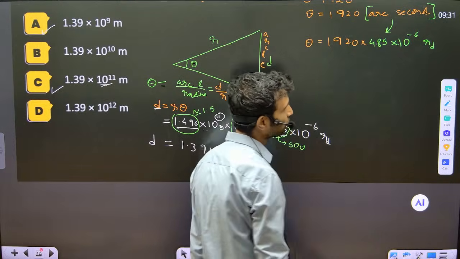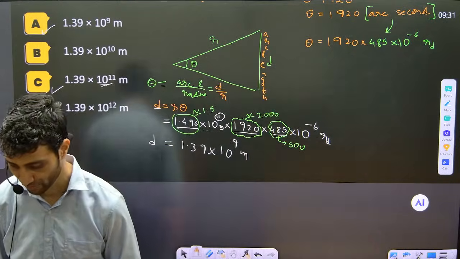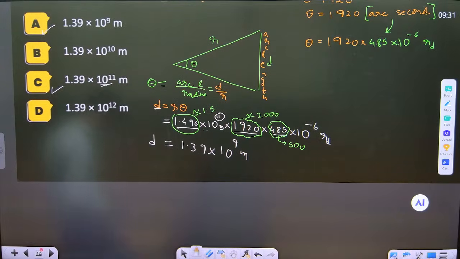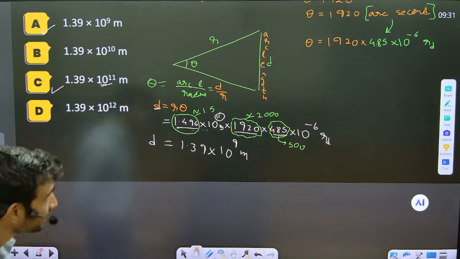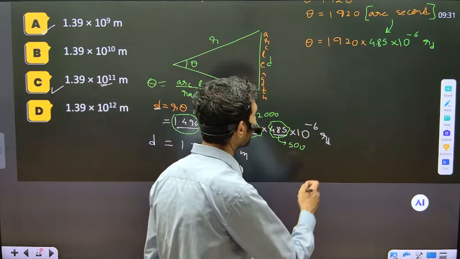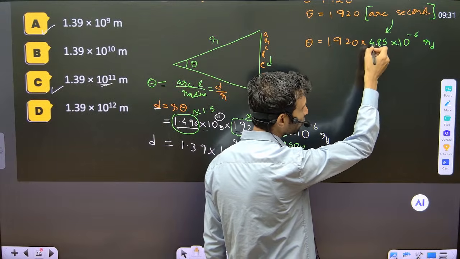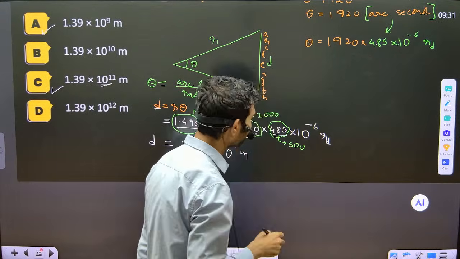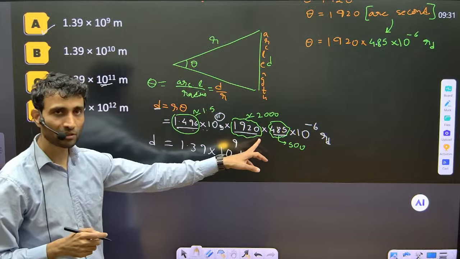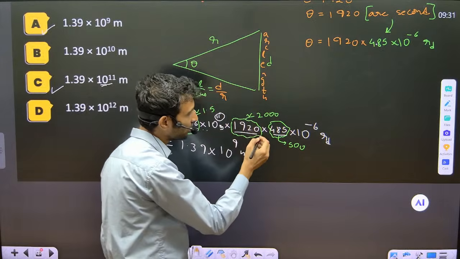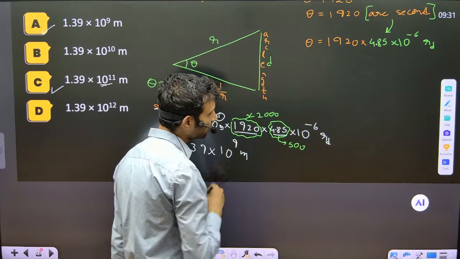It is 4.85 into 10 to the power minus 6. That is why I was wondering why I'm getting 2 times. It is 4.85, guys. I forgot to put that decimal there, because I copied it wrong. I'm putting back the decimal.